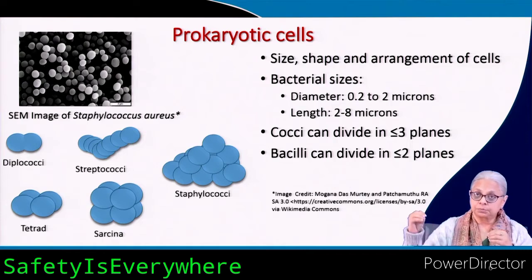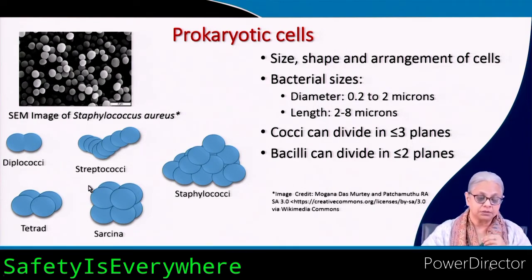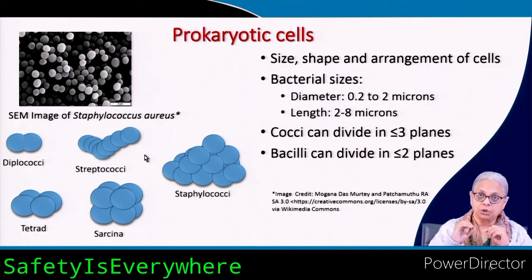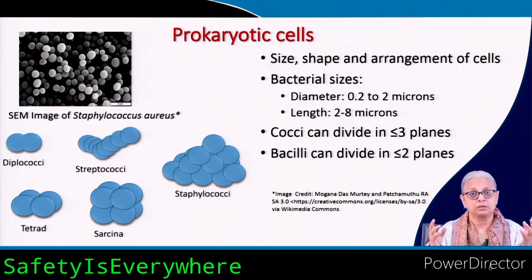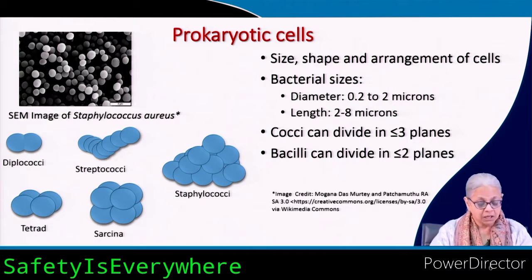If it continues to split and forms a chain, it's called streptococci. So streptococci is a long chain of coccoid cells. They are all independent. If you split one of the cells away from the chain, it will live independently. It will continue to reproduce and go through the same phenomenon all over again.